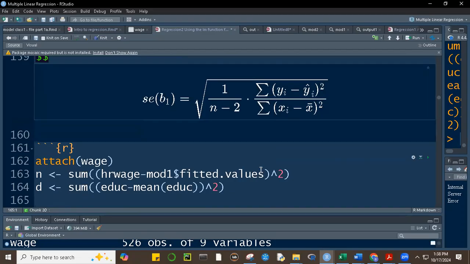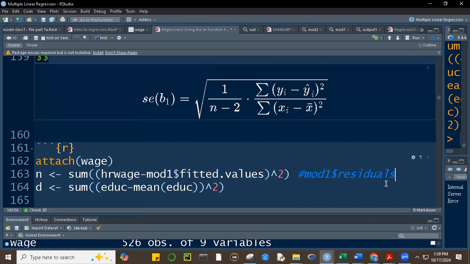So actually, class, here, it's your actual value minus your treated value. I could have chosen, here, it would have been the same if I just chose mod $1 residuals. Because this is residuals, class, no?